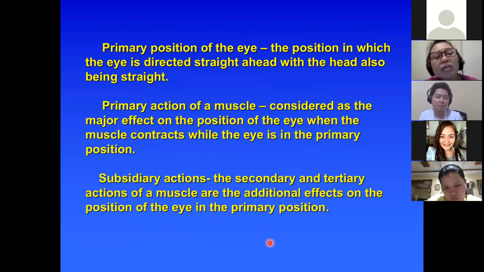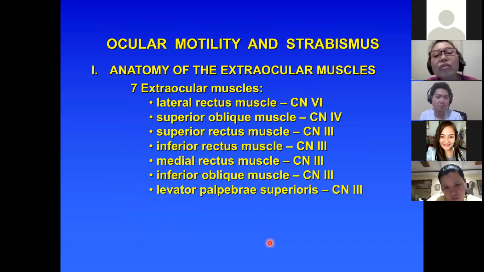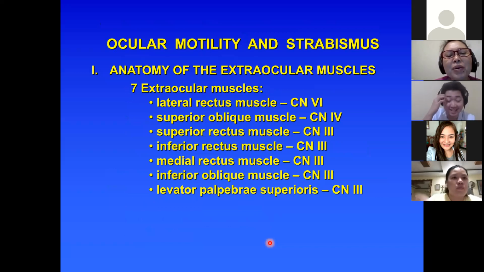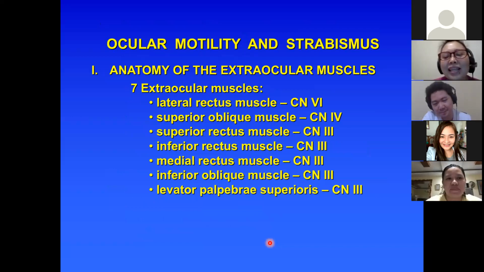O, dito na tayo. Ocular motility. Okay, can you still remember this one? Sige, look at that again. So most of your extraocular muscles are supplied by your oculomotor nerve.